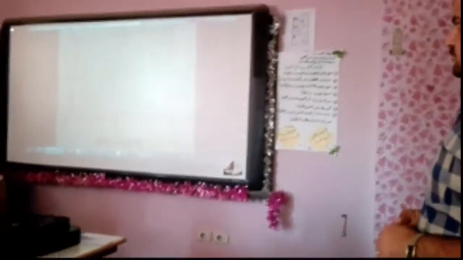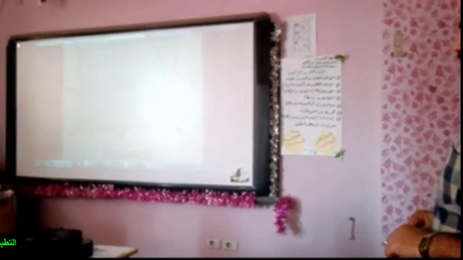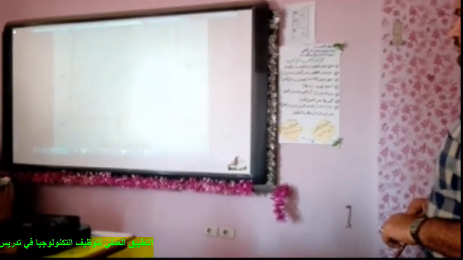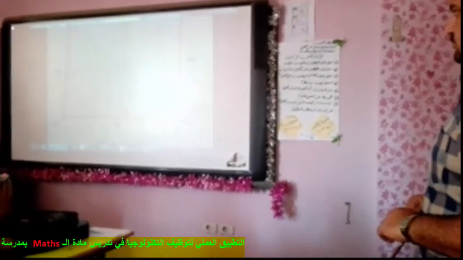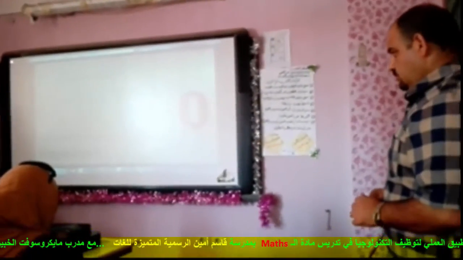The shape called square has 4 symmetrical lines. The number of symmetrical lines of the square equals 4. The trapezium doesn't have any symmetrical line. The number of symmetrical lines equals 0.